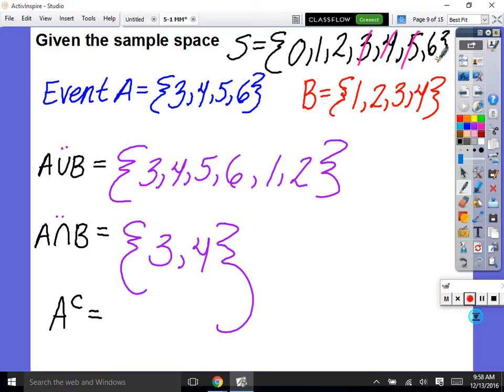So back to everything that is not in A. Wouldn't that be 0, 1, and 2? We're all understanding set notation. 0, 1, and 2. Now these aren't probabilities. These are just getting in some vocabulary and understanding what complement means, right? You guys understand that this isn't probability, right? We're looking at possible outcomes. Okay. Awesome. So you guys do that one.